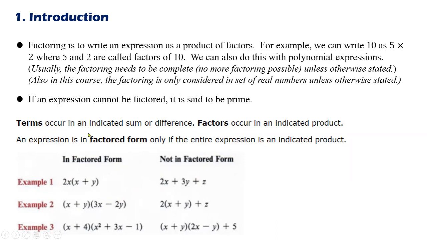Terms occur in an indicated sum or difference. Factors occur in an indicated product. An expression is in factored form only if the entire expression is an indicated product. For example, the first column here are polynomials in factored form, and the second column here are polynomials not in a factored form.